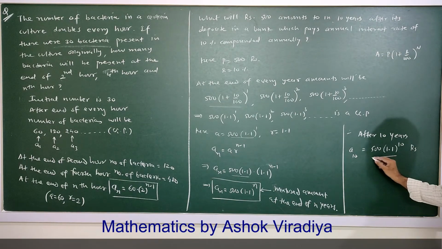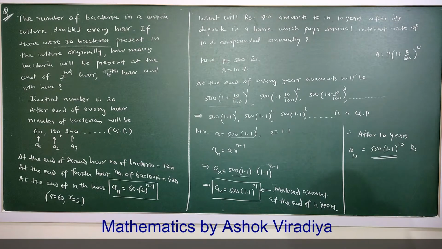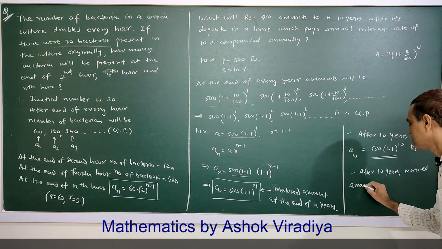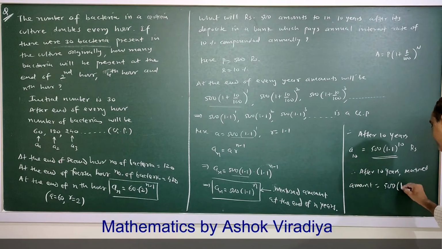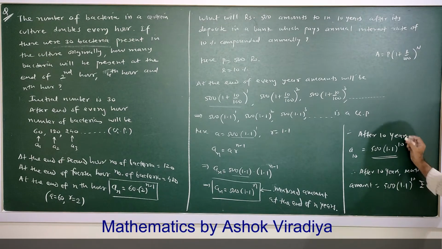So this is the amount after 10 years. Therefore after 10 years, the matured amount is 500 into 1.1 raised to 10 rupees. We can use this symbol.